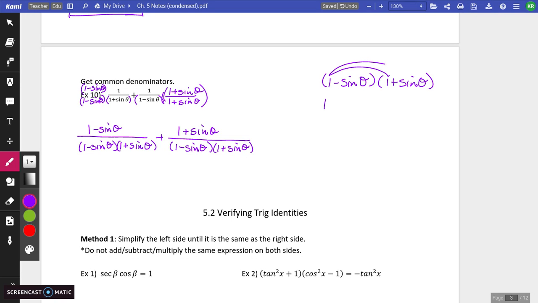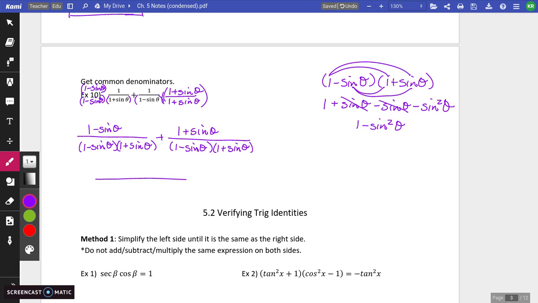Firsts, 1, outsides, plus sine theta, insides, minus sine theta, last, minus sine squared theta. Cancel, cancel. You get 1 minus sine squared theta. So that's what's going to happen to your denominator.